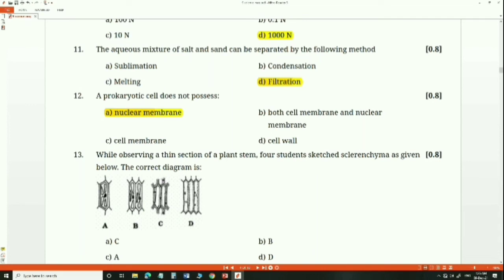Before moving to the 13th question, I should give the explanation of the 12th question. Why does a prokaryote not possess a nuclear membrane? Anyone can give the answer. Anyone know? If not, comment below.